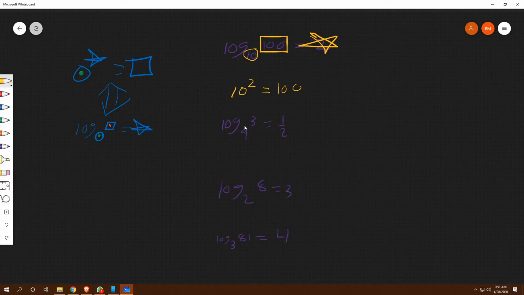We know that's true. That works. So we'll do it again. I need to identify, so my 9 is my circle, my 3 is my square, and my 1/2 is my star. So again, it is your circle to your star equals your square. That's true. We're just reorganizing this.